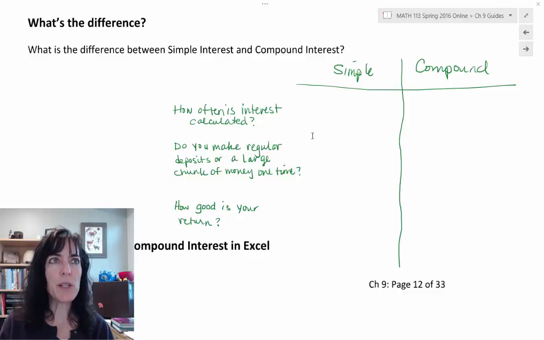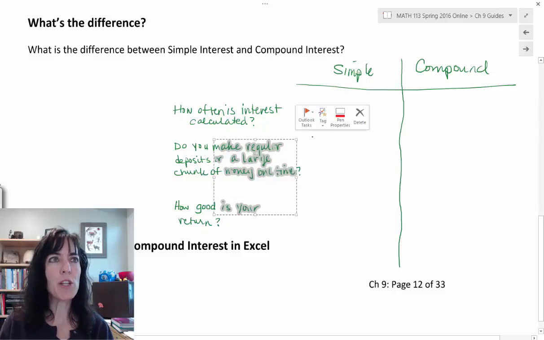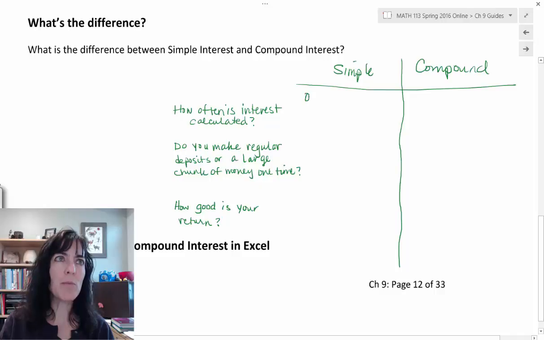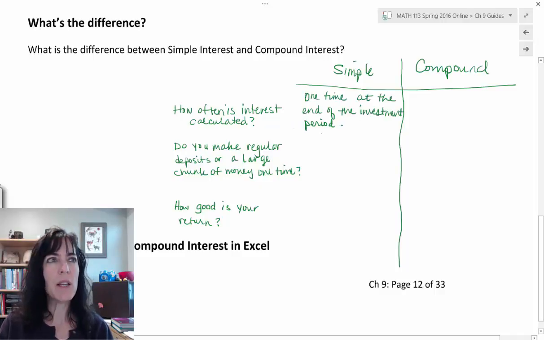So for simple interest, when I answer that first question, how often is interest calculated? It's calculated one time at the end of the investment period. Okay, and if we answer the next question, do you make regular deposits? No, there was just one chunk of money at the beginning that you deposit.